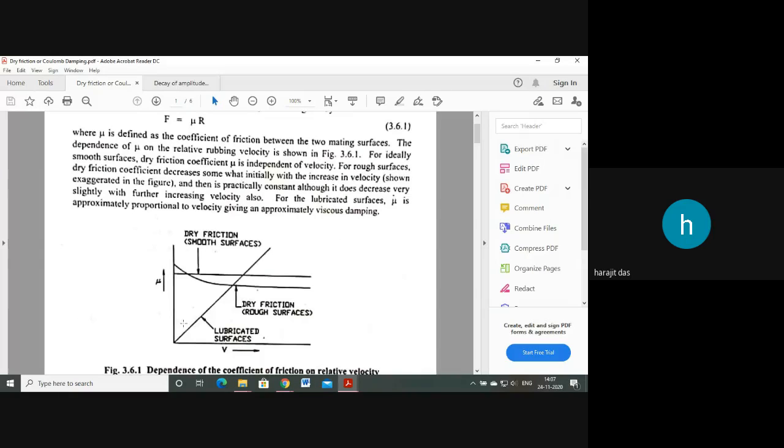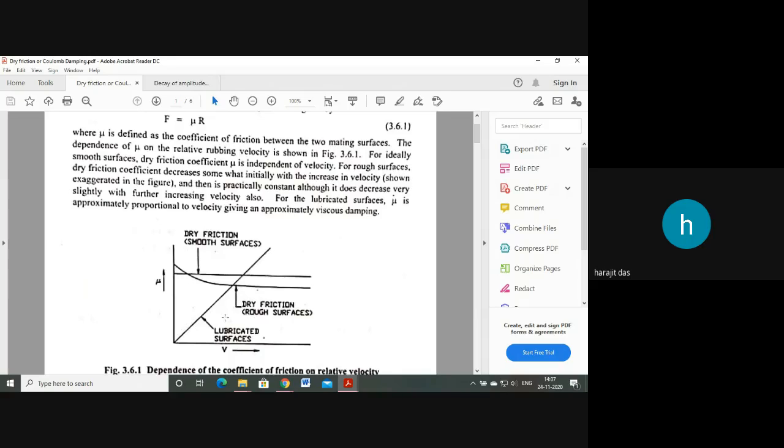From this plot you can elaborate the curves. For smooth surfaces it will be constant. For rough surfaces it will gradually decrease and then have one constant value.